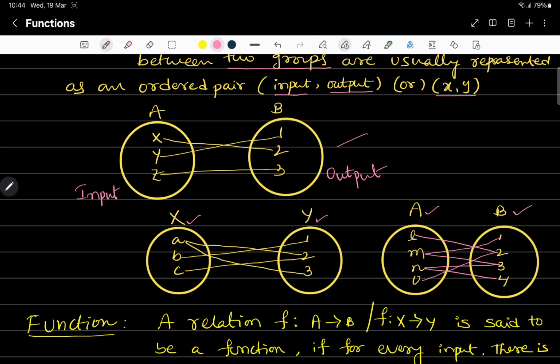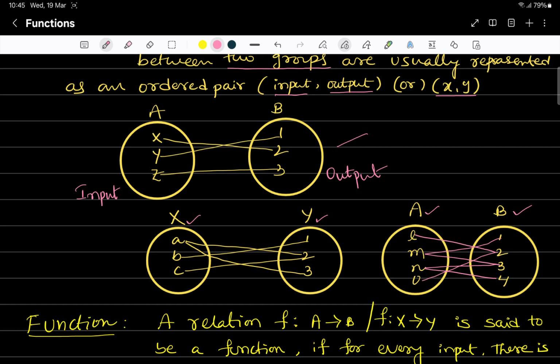Here one letter has a relation with one number, or one letter has a relation with two numbers. So this is only a relation. Always, a relation needs minimum two groups, then only we can define a relation.